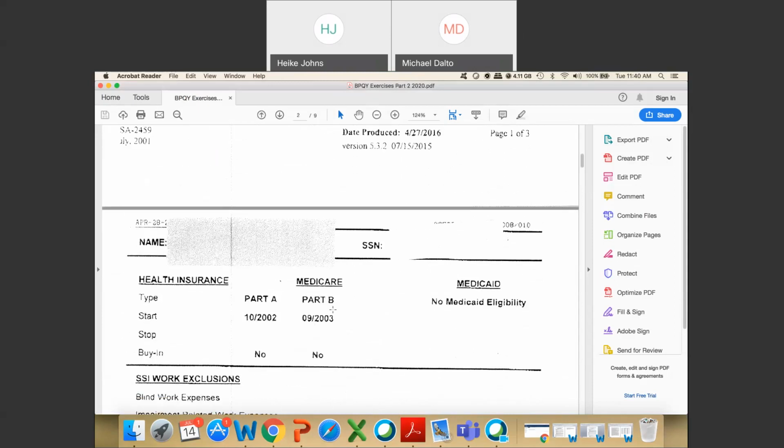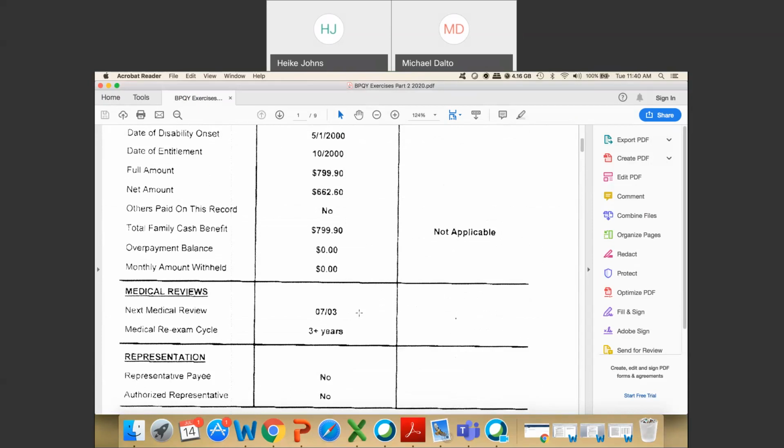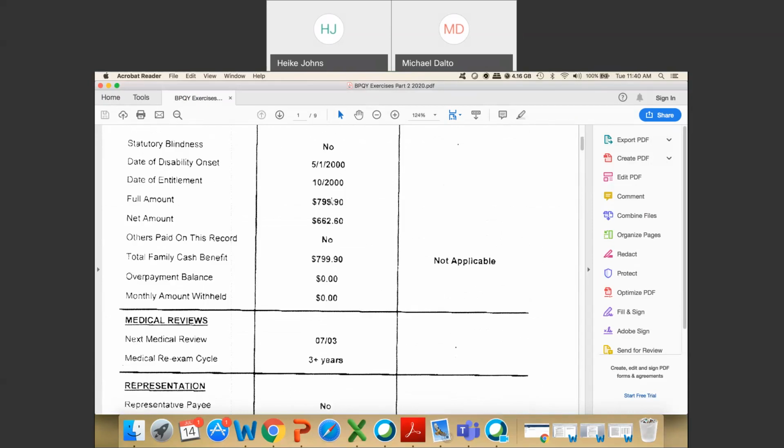Part B didn't start until almost a year later. This person delayed enrollment in Part B. That could cause a penalty, a higher Medicare Part B premium. In fact, the difference between the full amount and the net amount of the benefit this person gets for that year does reflect a 10% penalty.